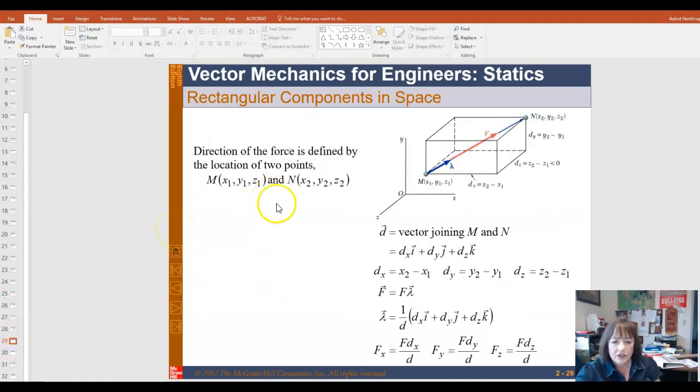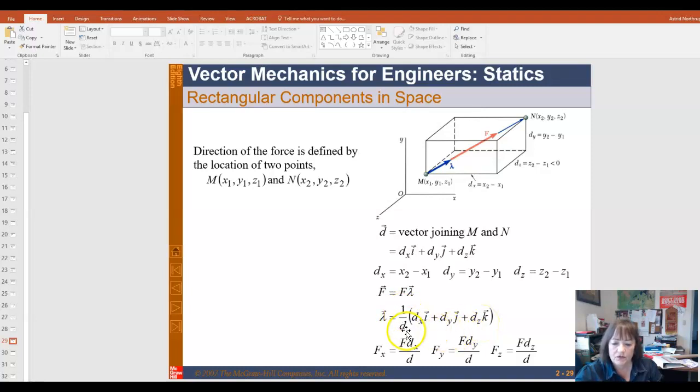All right, so when we have two different points, here we have M located at x1, y1, z1 and N at x2, y2, z2, we can draw a vector joining the two basically by subtracting the x coordinates, the y coordinates, and the z coordinates. That will give us a distance in the x direction, y direction, and z direction.